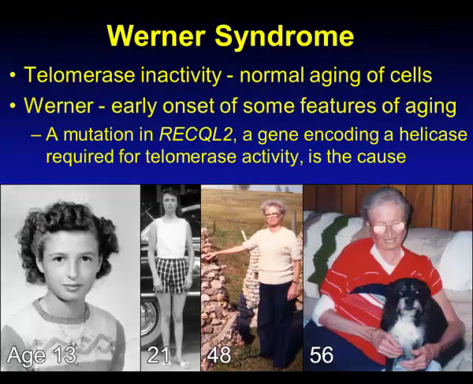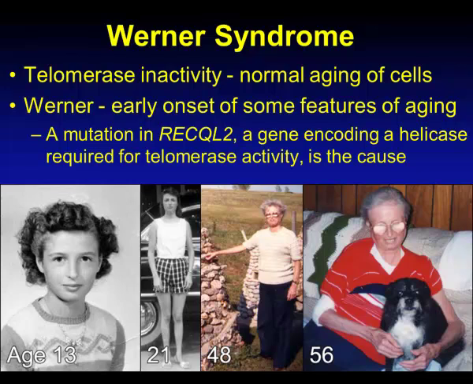So there are a variety of different diseases that are associated with telomerase. For example, there's a disease called Werner syndrome, and this is sort of the opposite of cancer. In this case, telomerase is actually not active when it should be. So what happens is that instead of having a normal aging process, in this Werner disease, there's an early onset of some of the features of aging. You can look at these pictures of the woman on the bottom of the screen.